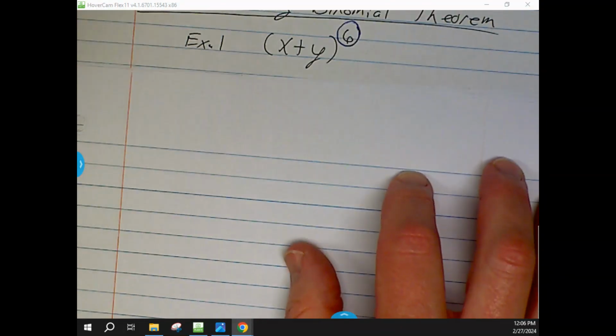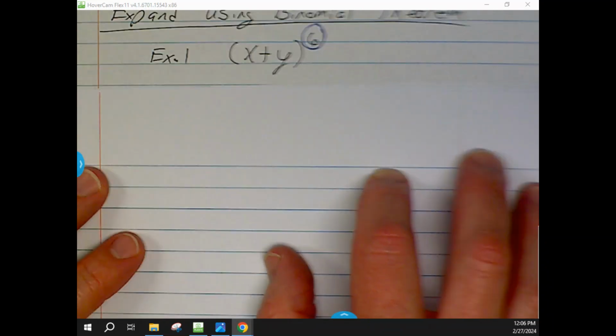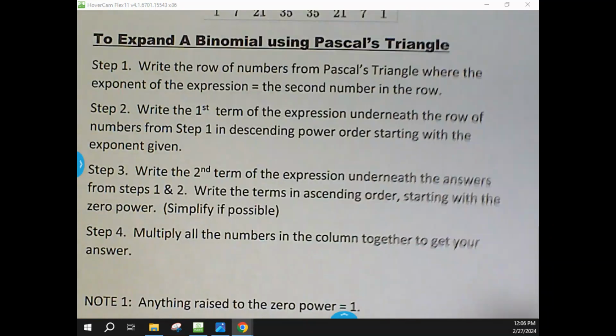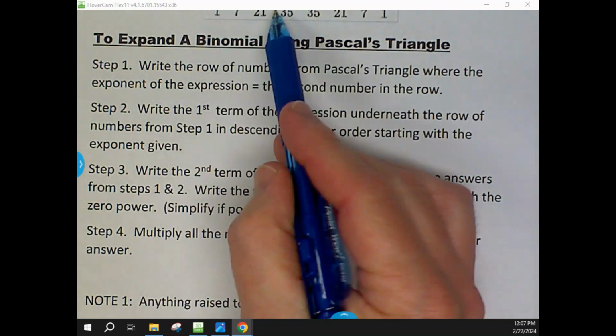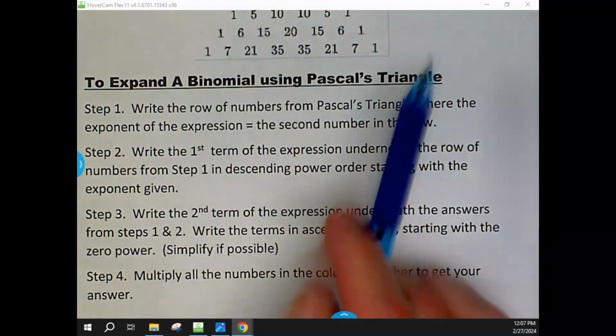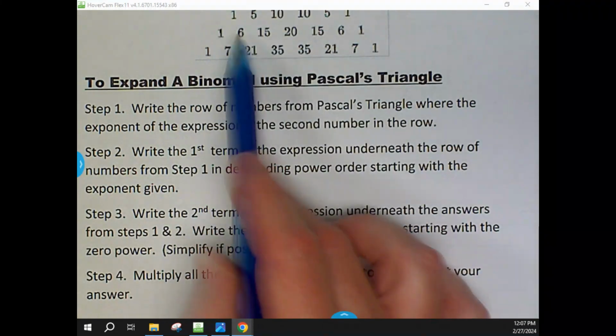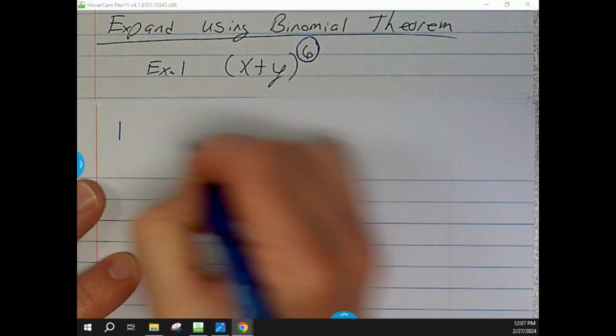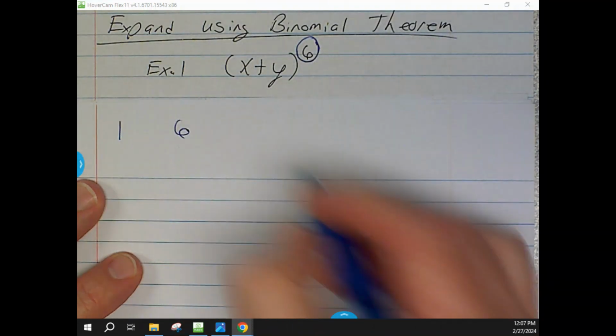Leave plenty of room, because this is one of those problems where you need a lot of room. So we're going to use the row of numbers that's got a 6 in it: the 1, 6, 15, 20, 15, 6, and 1. So that's got a 6 exponent. When you write down those numbers, spread them out a little bit.